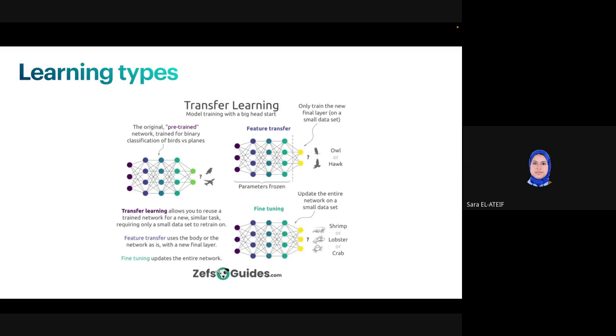Now, let's say we actually want to train the model on something completely different. For example, we want to train it to differentiate between a mug and a book, and the mug and the book were perhaps not part of the training data. So what are we going to do? We're going to retake the same model that Google trained, and then we will fine-tune it on our specific data.